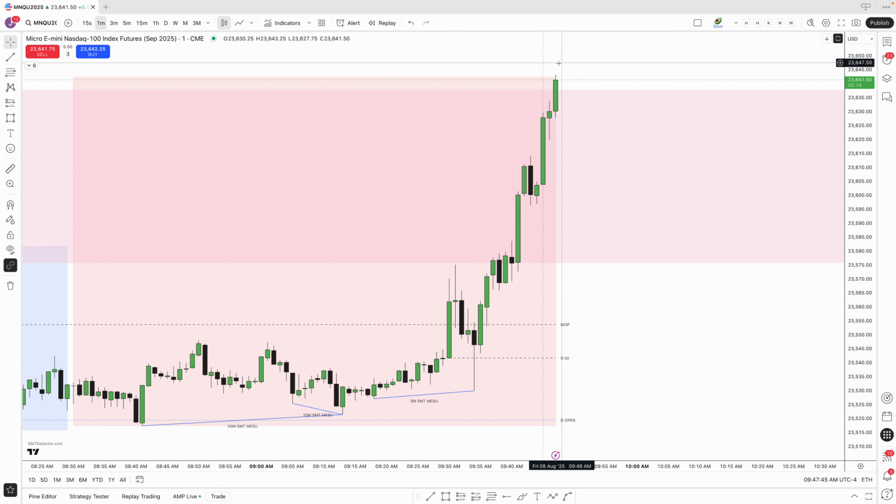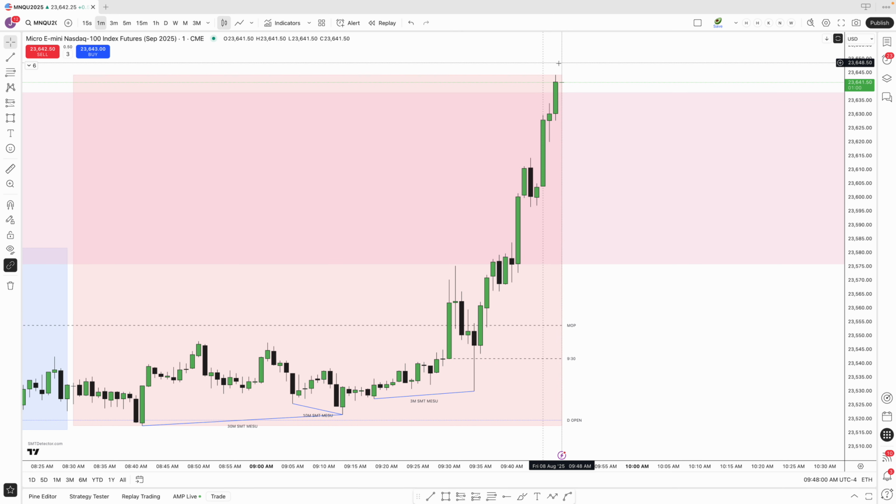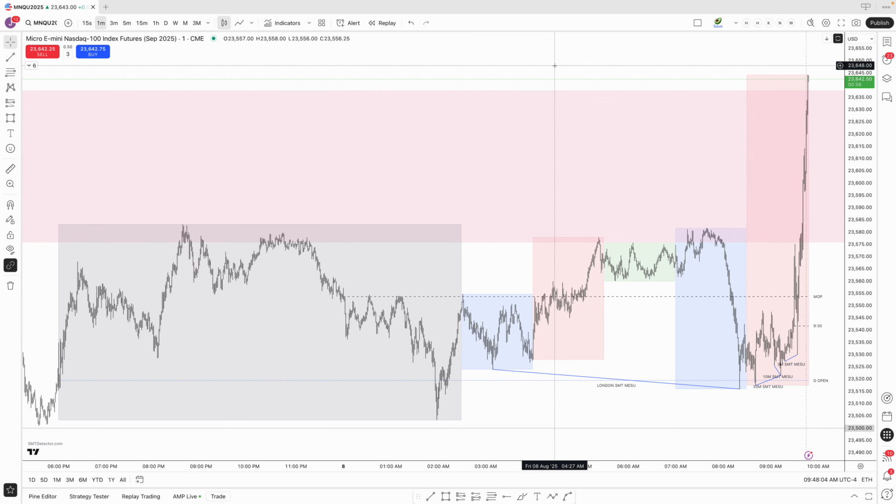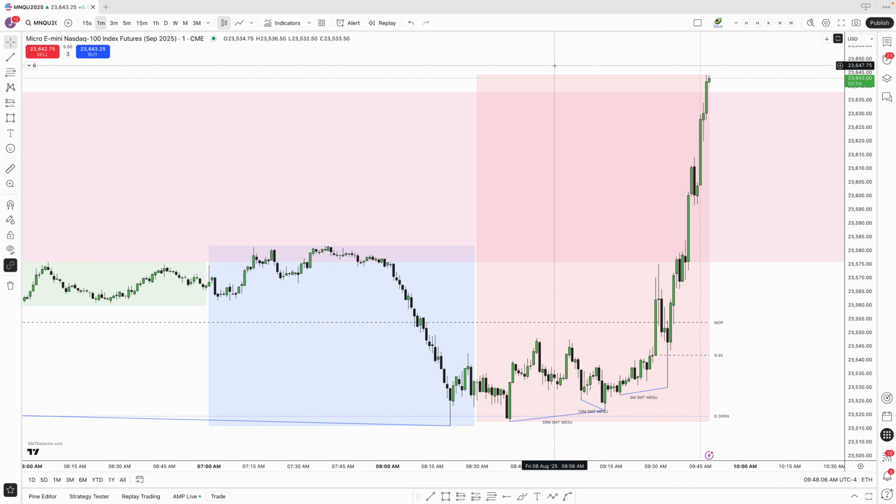But to me, this looks good for shorts. This is just a run higher, a manipulation higher, and we're going to continue lower, or we will retrace. So this is what I want to see. I'm very confident in a short here if we get the right steps, especially before 10.